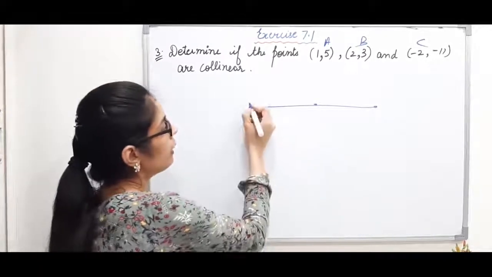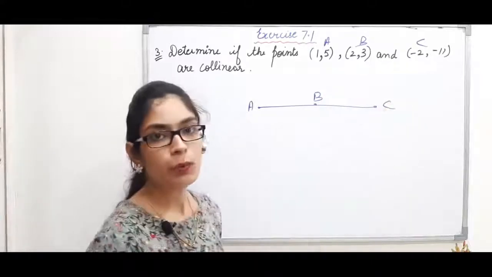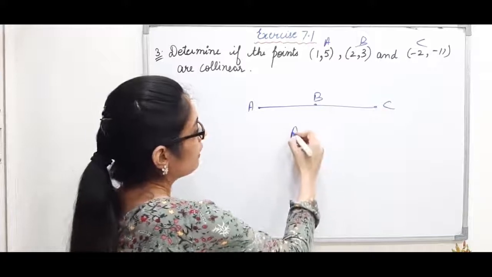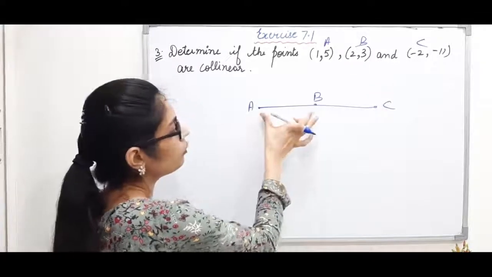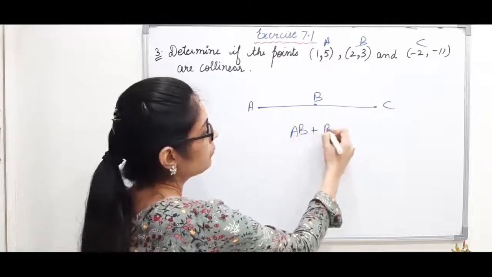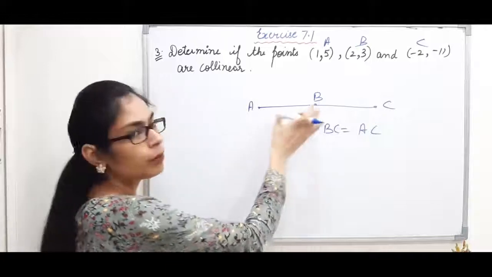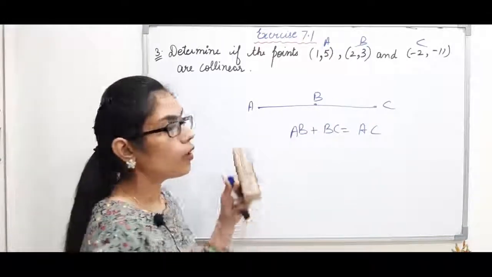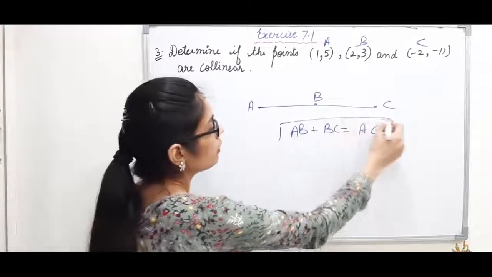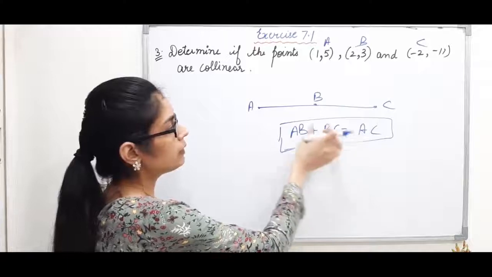For example, if I have this line A, B and C, and these points lie on one line, then the sum of any two parts of the line, for example AB plus BC, will give me AC. You can see from this line itself, if all the points lie on one line, then this condition should be there, AB plus BC.